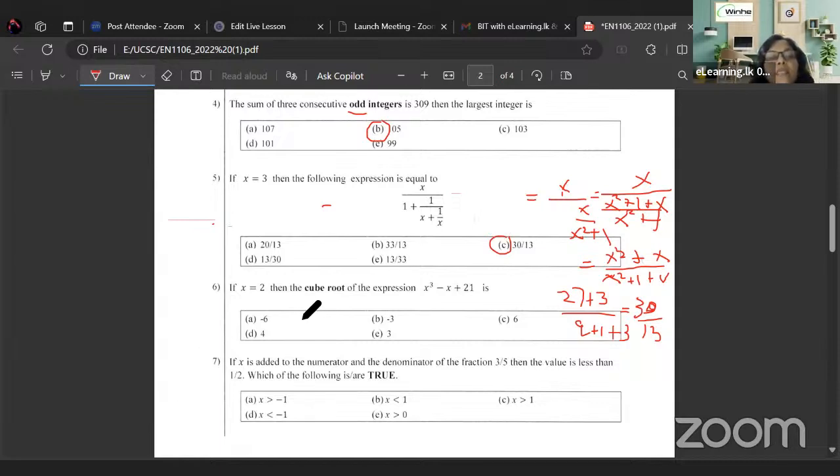Right. Question number 6. If x equal 2, then the cube root of the expression x cube minus x plus 21 is. In such situations, instead of taking the cube root with x as the base, substitute the value for x. What is the cube root?